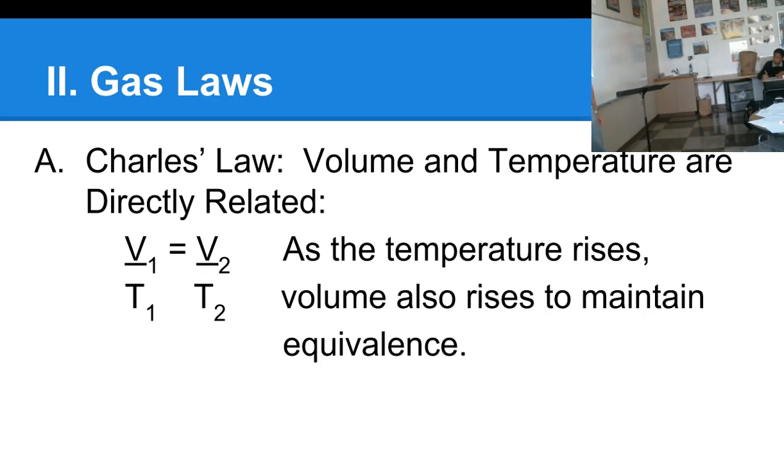So 12 divided by 100 is the same thing as 6 divided by 50. So in order for these two fractions to remain in equivalence, the volume and the temperature have to go up or come down at the same ratio so that they are maintained in equilibrium, right? So volume and temperature are directly related. And that was Charles' Law.